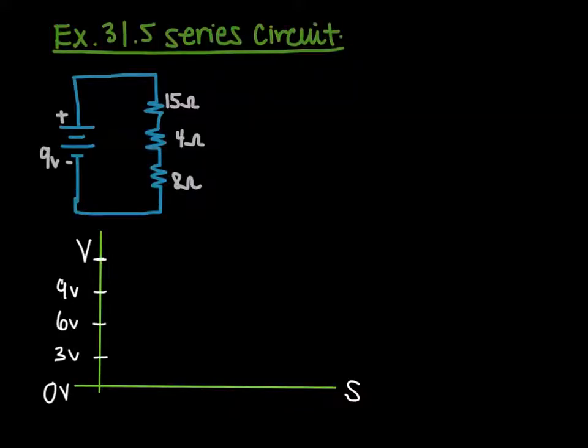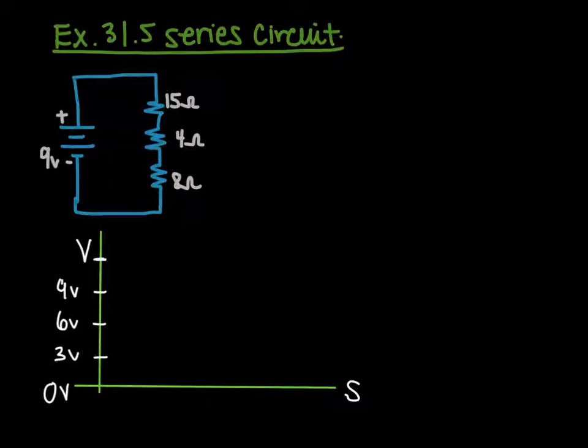So in this example problem, we have a series circuit. There's a 15 ohm, 4 ohm, and 8 ohm resistor in series connected to a 9-volt source. We're going to determine the change in potential as we go through this series circuit. As we go from the negative terminal through the battery, the potential of the charge increases.